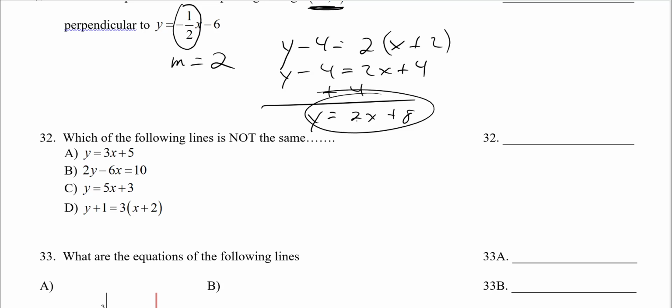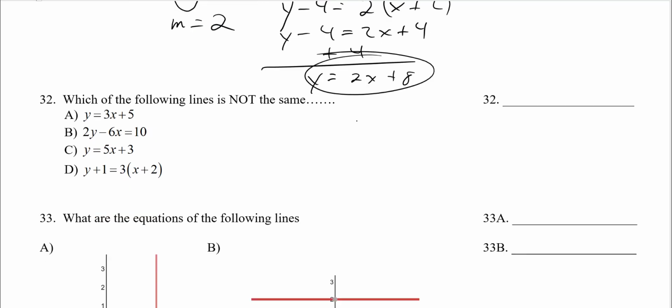Okay, 32, which one is not the same? You can tell these are definitely different, right? The other ones you have to solve. So this one I'm just going to divide all sides by 2. No, I'm sorry, I have to add 6x. Let me write it out here. So 2x minus 2y minus 6x equals 10.